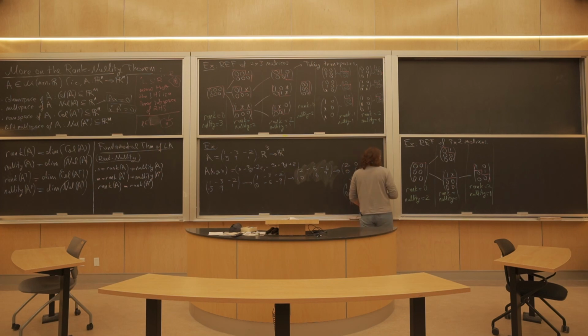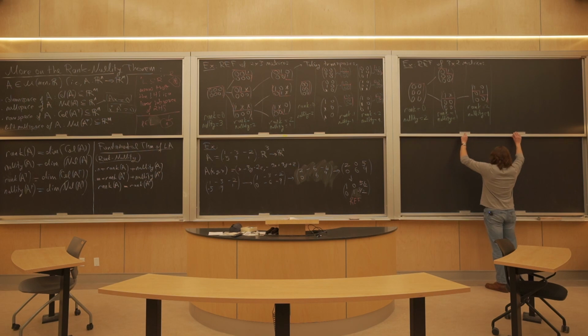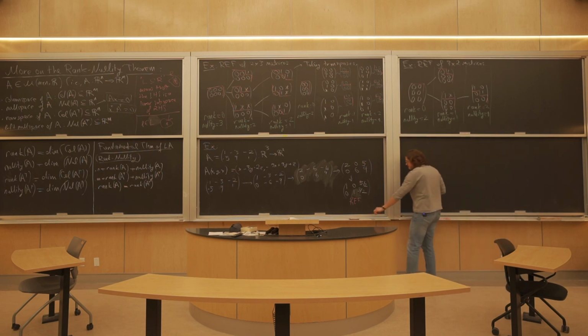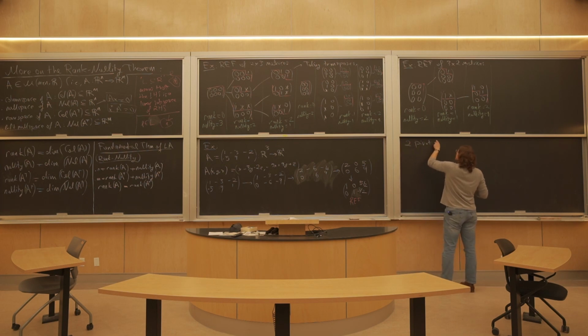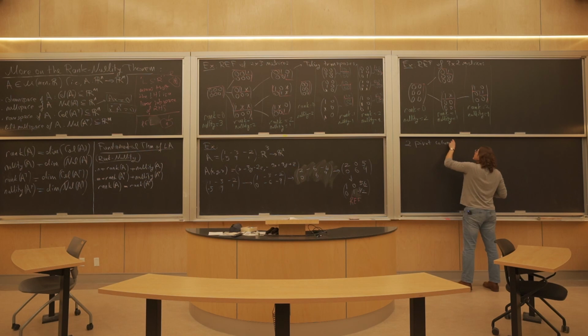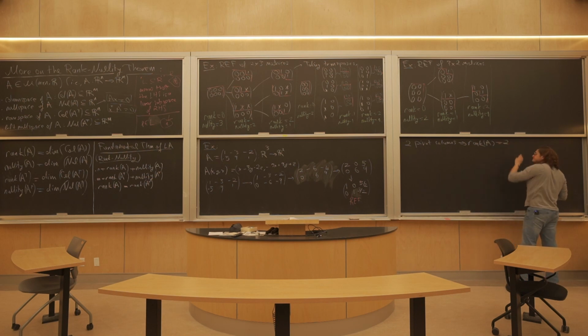So let me write it here. 2 pivot columns, rank of A equals 2.